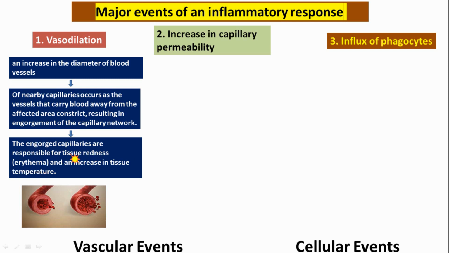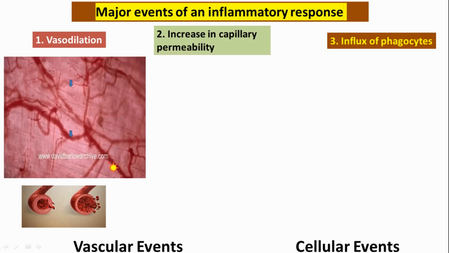So you will see the redness in that tissue. The prime sign which we mentioned earlier, rubor, is because of that event. Then there is an increase in the tissue temperature, because of the engorged capillary and the blood, there will be a slightly higher temperature in that tissue. So the other prime sign besides rubor, calor, meaning heat, will be there in that tissue.